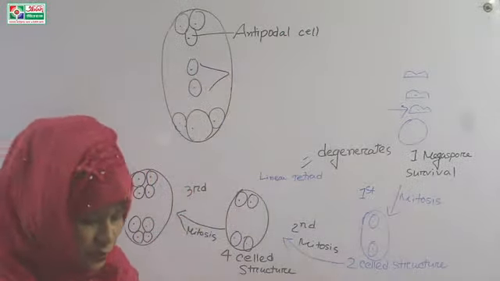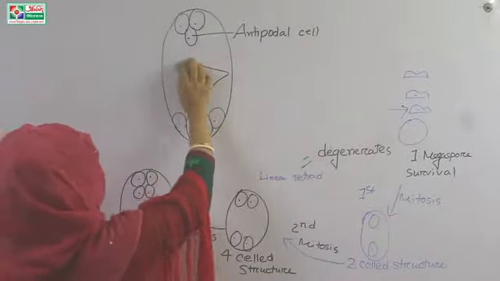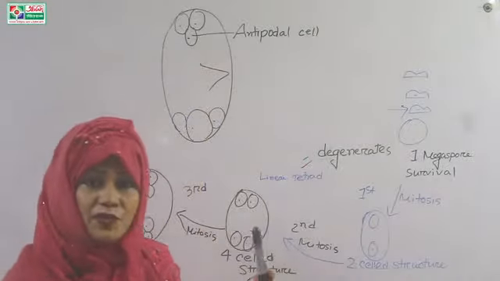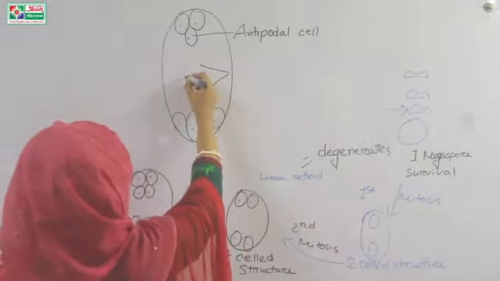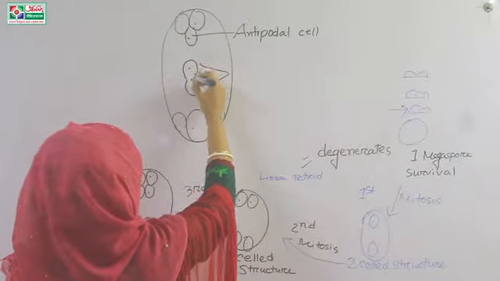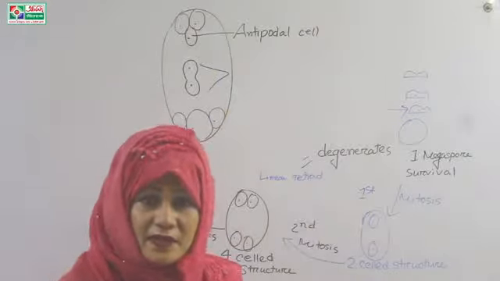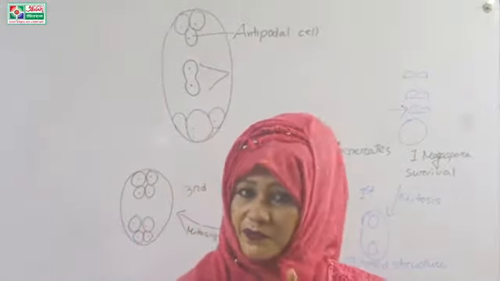What happens in the 2 cells? Their cytoplasm comes together but not the nucleus. After some time it looks like this. That means cytoplasm fuses but not nucleus.